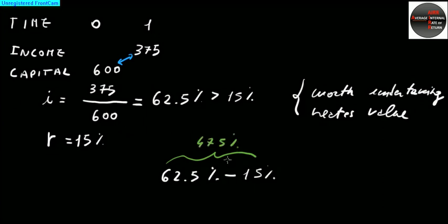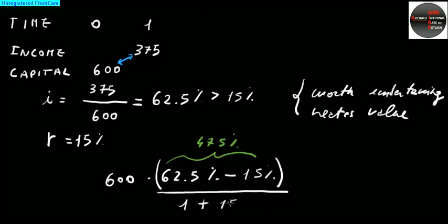So this project consists in investing $600 at an excess return rate of 47.5%. This net gain is generated in one period. So if we want to compute the net gain referred to time 0, we have to discount back by one period using 15% as the discount rate.